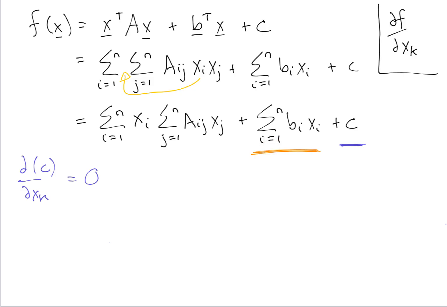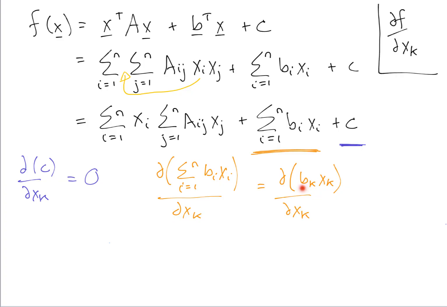So when we take the partial derivative of the sum i equals 1 to n of b_i x_i with respect to x_k, the only term that matters is the i equals k term. So this will be the same thing as the derivative with respect to x_k of b_k x_k, because the derivatives of all the other terms with respect to x_k are 0.